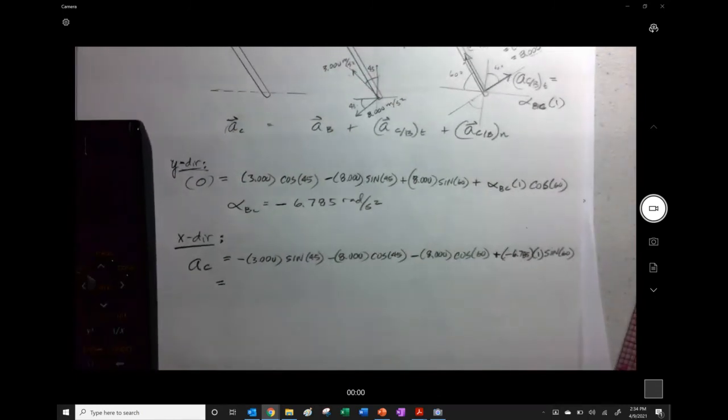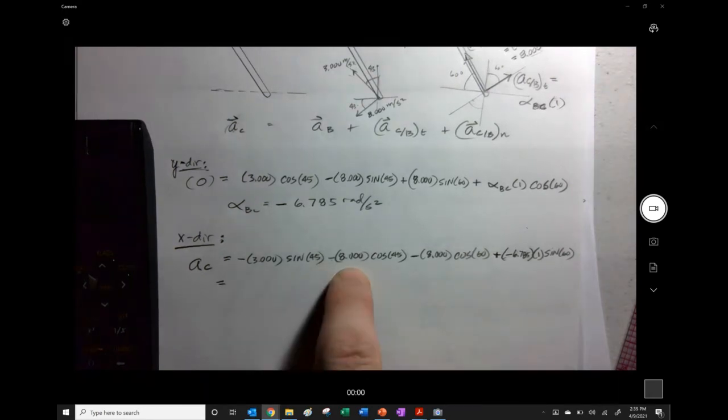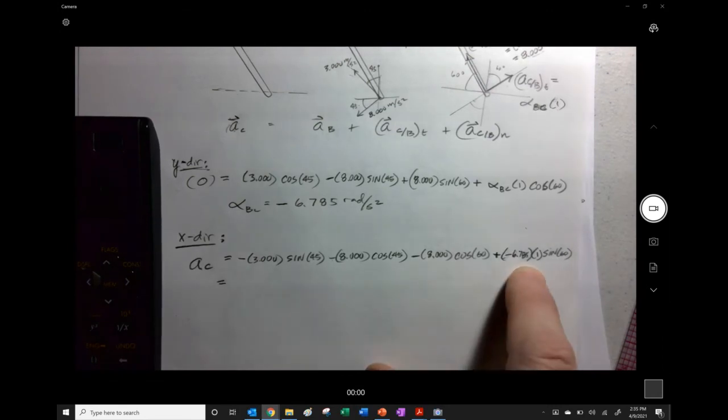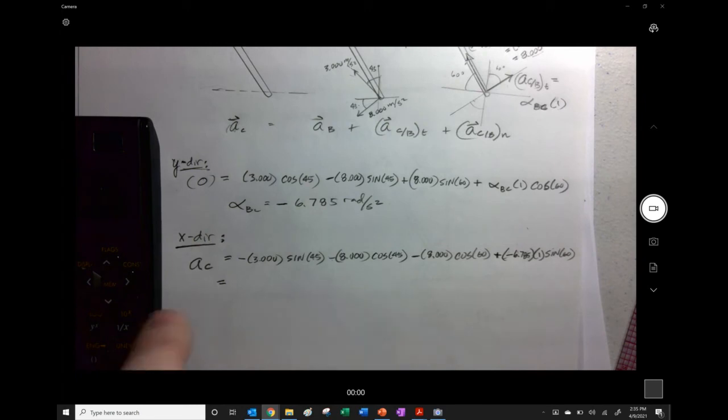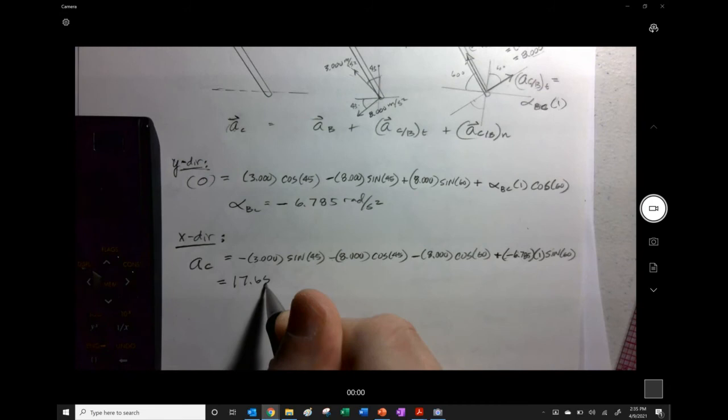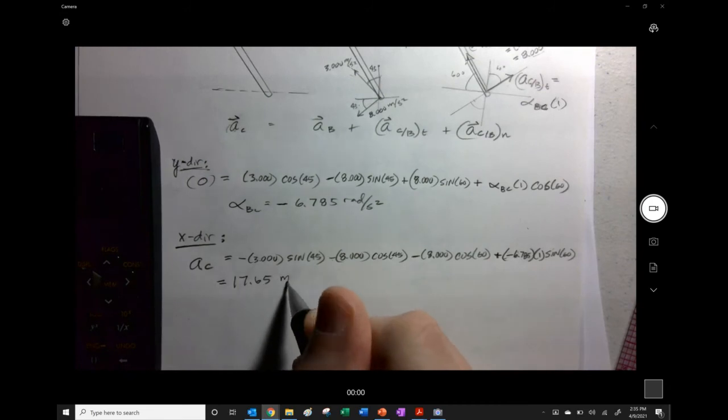So we have 3 times sine 45, 8 times cosine 45, we can add them together, 8 times cosine 60, can add them together because they're all negative, and then the last one, 6.875, take the sine of 60, multiply, add it in. Oh boy, please be right. Please be right. Meters per second squared. Let's take a look.